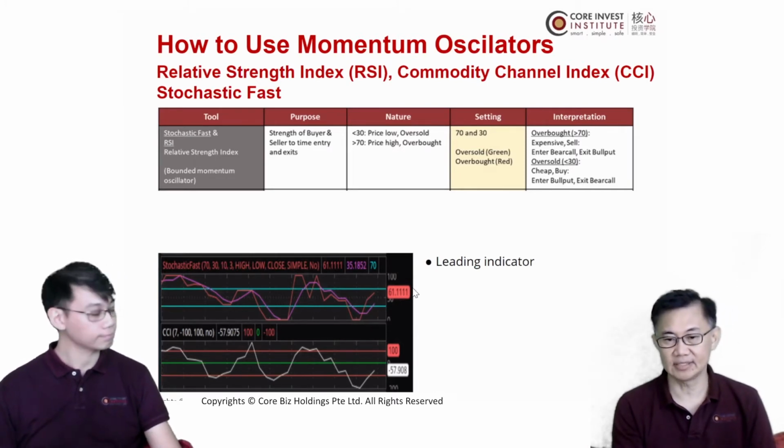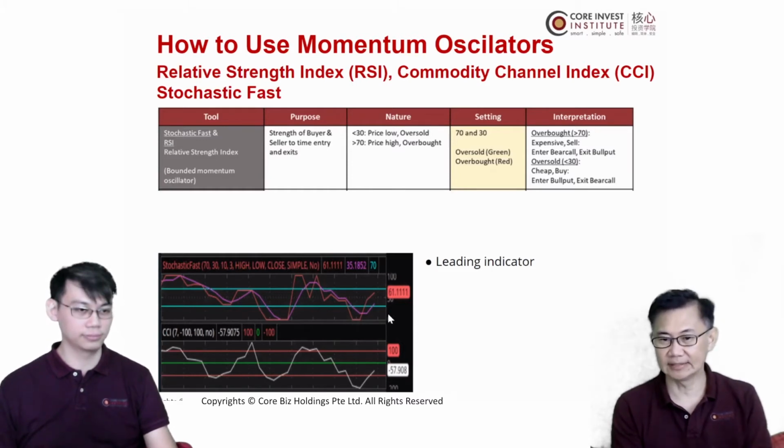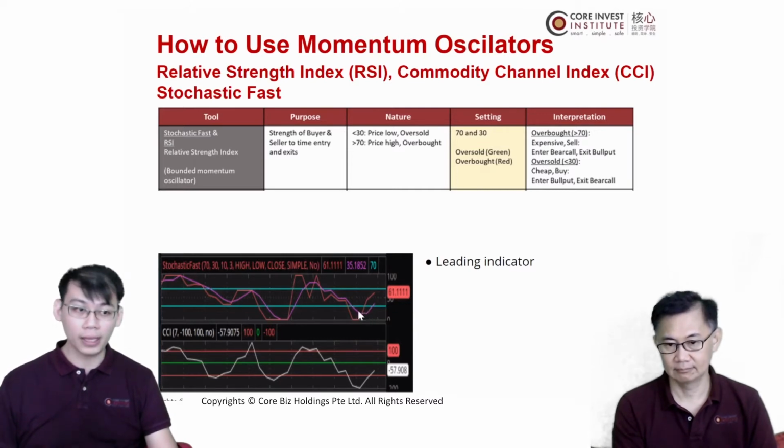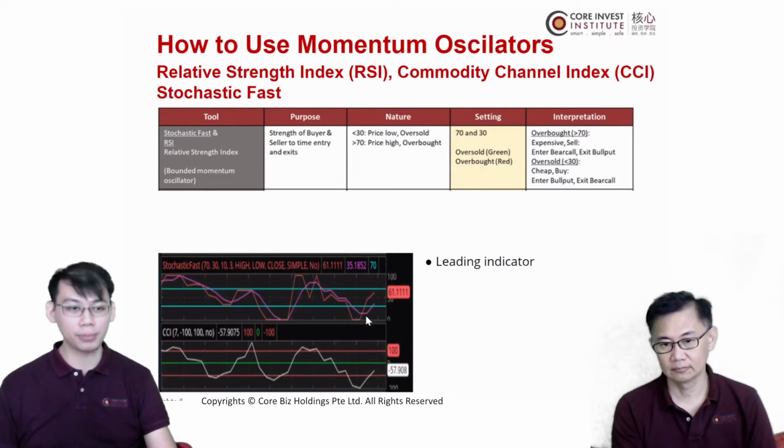So Jeremy, why do buyers come in when the indicator is at the oversold zone? Yeah, at the oversold zone, it's actually cheaper to buy in. Market price can go lower at this point in time, and again, buy low, sell high. You want to go in at a lower price and exit at a higher price.